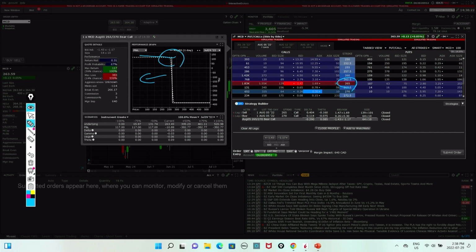So in this case, for every contract that you're selling, you're receiving $117, and in the best case scenario, you're making 117 bucks. In the worst case scenario, if McDonald's actually rallies and moves past your strike price and goes to, let's say, $300 or $350, you're going to lose $383. So the risk to reward here is only about 0.3.